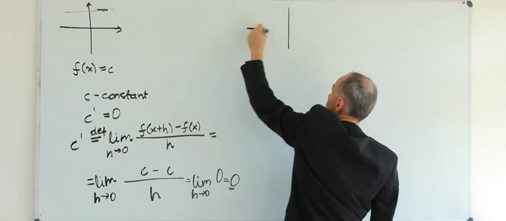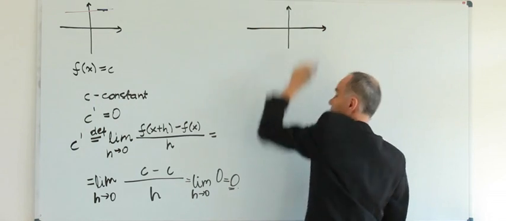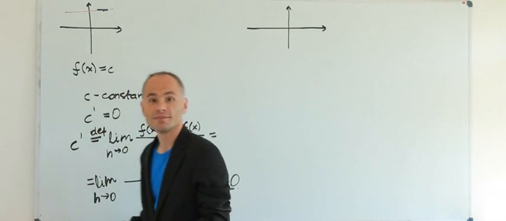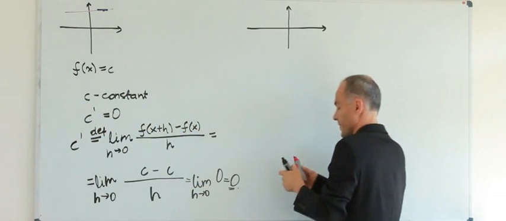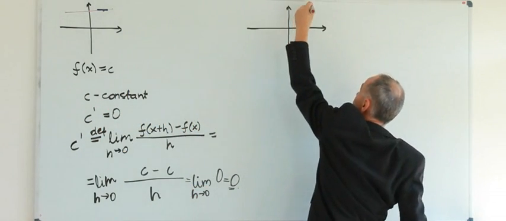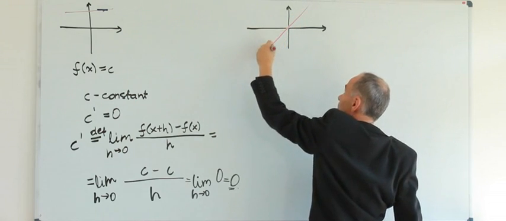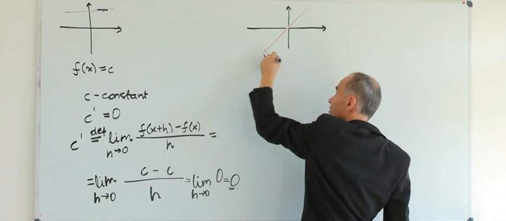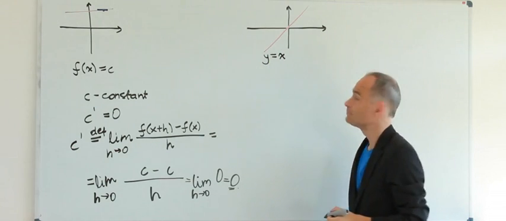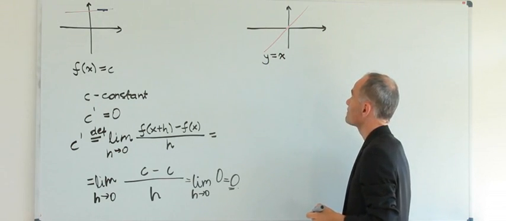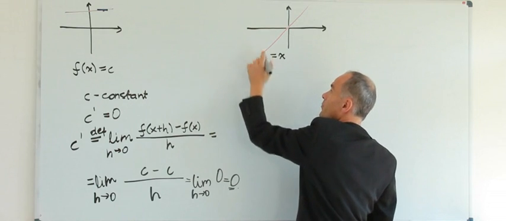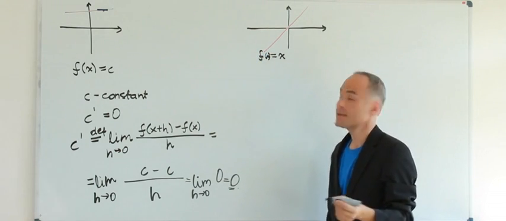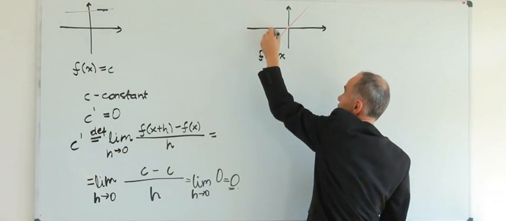Okay, so now let's go back to the function that one of you suggested as being one of the most simple ones. That's the identity function. So its graph is the line passing through the origin. What's the slope of this line?